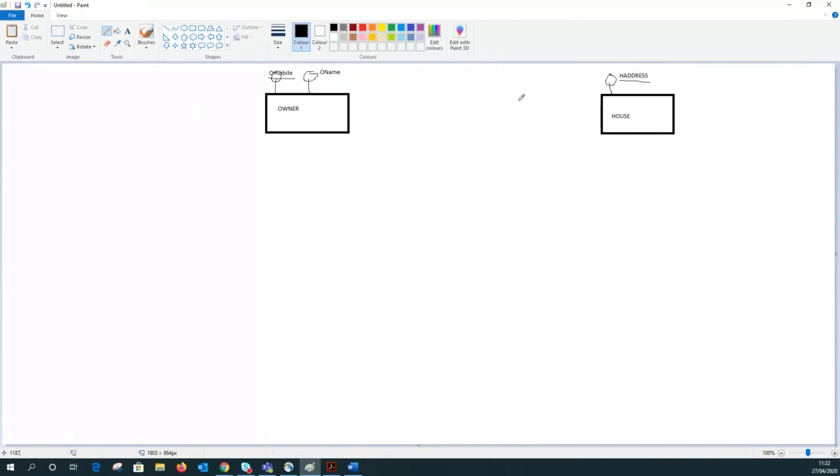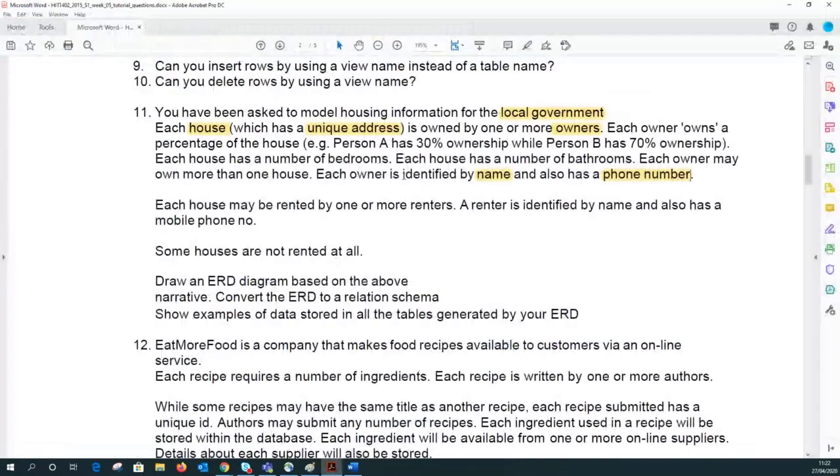So owners own the houses. That is what it says, so there is a link between owner and house, an ownership link. Is there any limit on the houses an owner can own? No. One owner can own many houses, and one house can be owned by many owners. Each owner owns a percentage of the house.